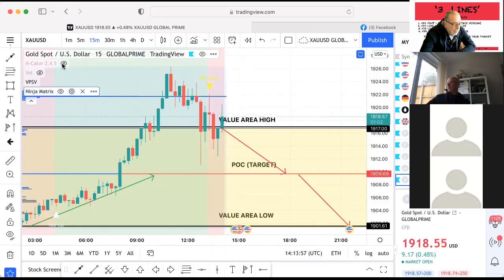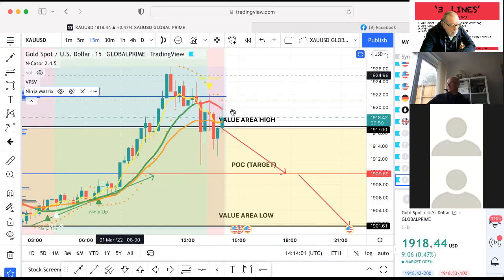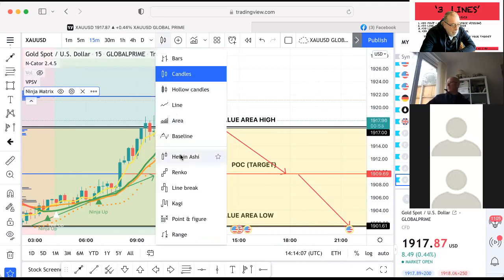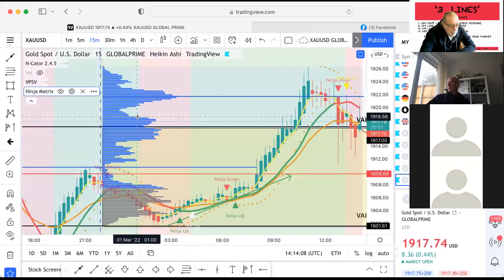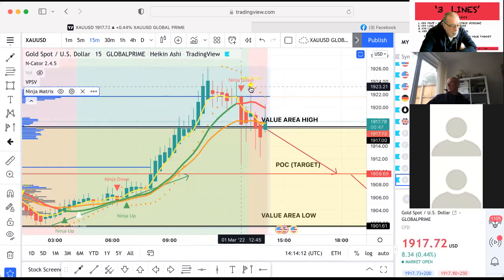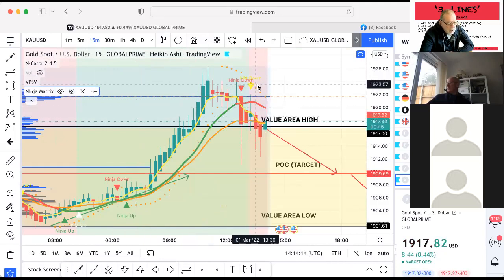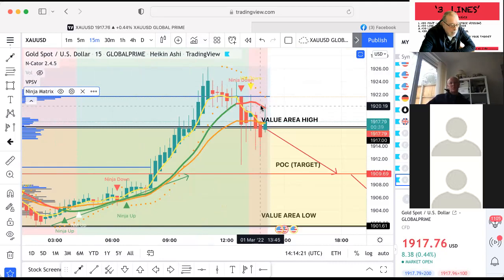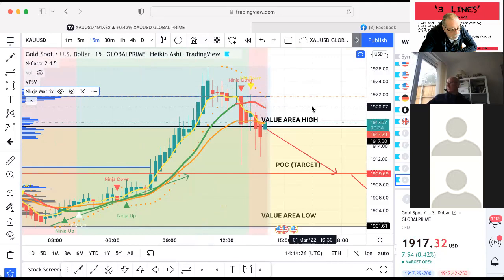And the Ninja Cater, put the Anastasia candles on, and we had a Ninja down before we got the Ninja Matrix. So that's 2 boxes ticked, and the 5 MA is definitely well below the 13 MA. The only thing that would stop me getting in there for a sell right now is the fact that we've got a green candle.